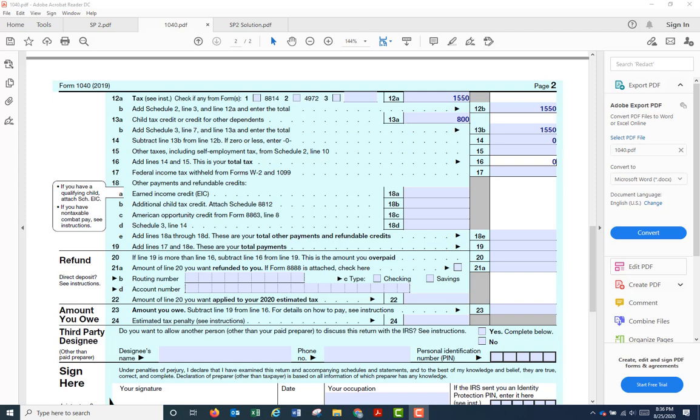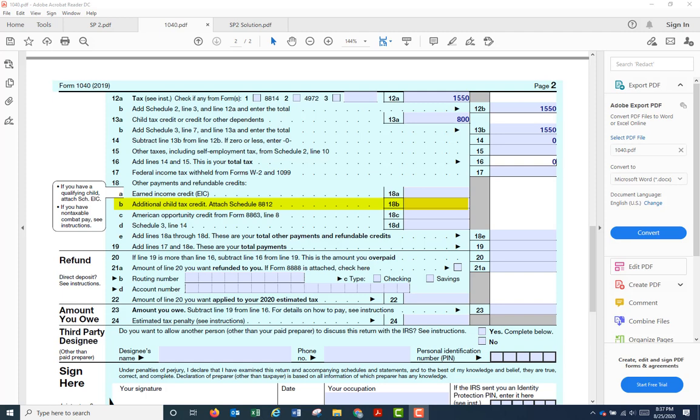Now, back to the child tax credit of $2,000. We had used $800 here for the child tax credit, the non-refundable portion, but then we still have remaining balance. Is that correct? The remaining balance is how much? It's $1,200 of remaining balance. And there is something called additional child tax credit, which is a refundable credit. And that is in line 18B right here.